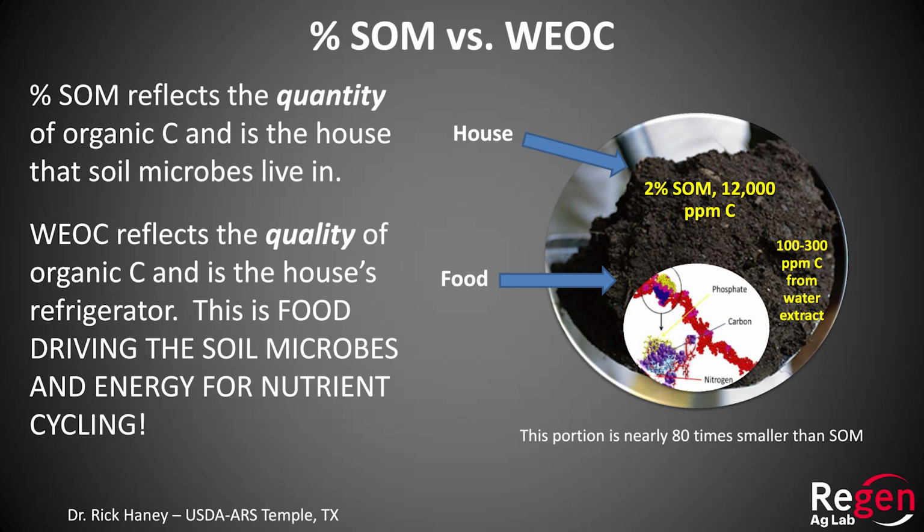The problem is that it's the house. We want to know how much food is in the house. So on the Haney test, we measure what's called water extractable organic carbon. This is a small fraction of the organic matter, but what fraction of it is soluble food?